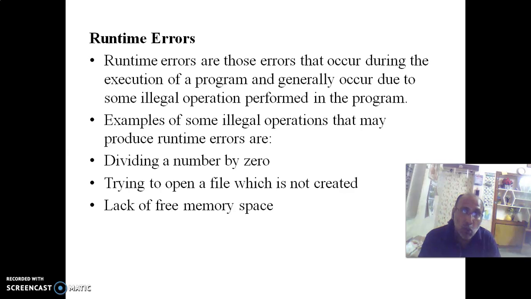Runtime errors are those errors that occur during execution of the program and generally occur due to some illegal operation performed in the program. Examples: dividing a number by 0, trying to open a file which is not created, lack of free memory space.